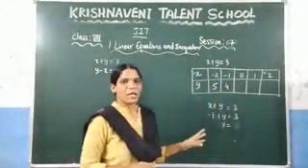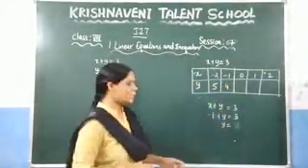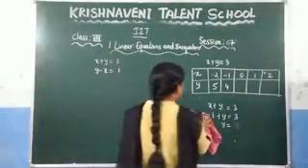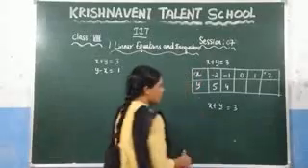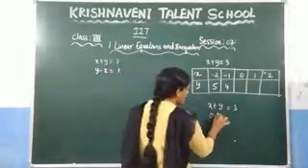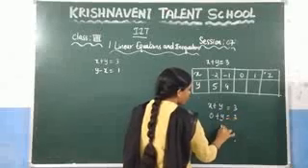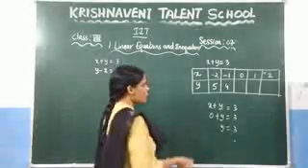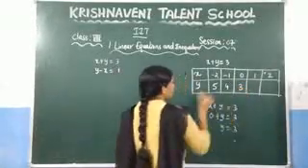Let us substitute that. In place of x substitute 0: 0 plus y is equal to 3. So you get the y value as 3, because 0 plus y is nothing but y.